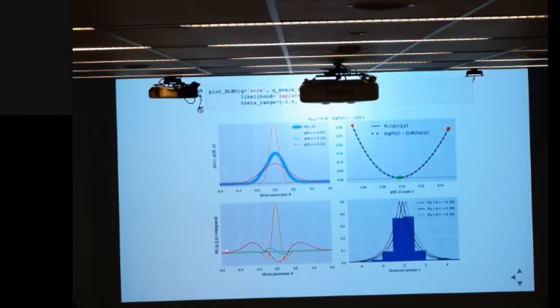I plotted here the integrand of the KL divergence for each one of these three. As you can see, just by eye, the green and blue ones overlap the best, and that's when you get the smallest integrand overall. So the green is the best match.